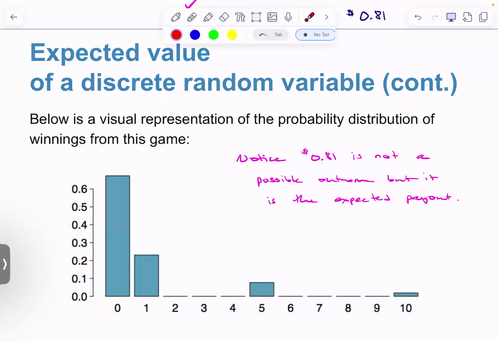Right, and that 0.81 is because we're weighting more toward the 0 and the 1 outcome, right? Kind of falls in here. And the probability of getting 0 payout is the highest. Right.